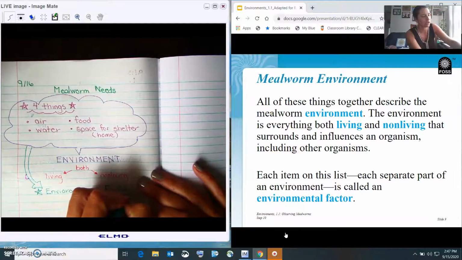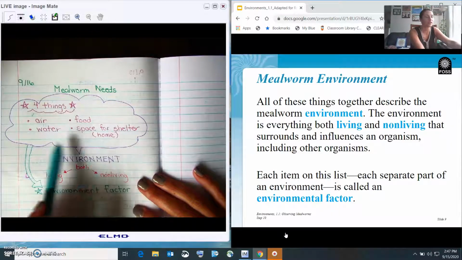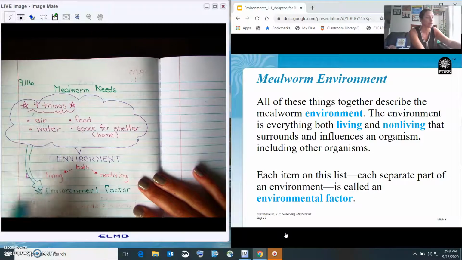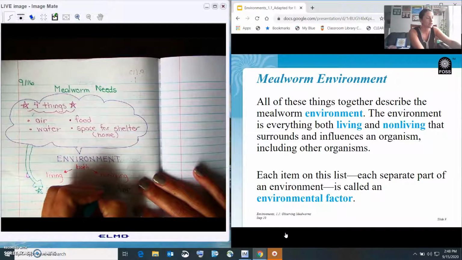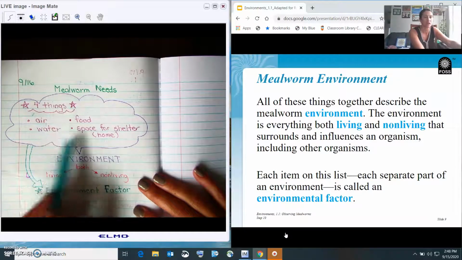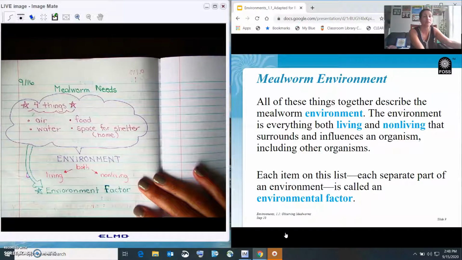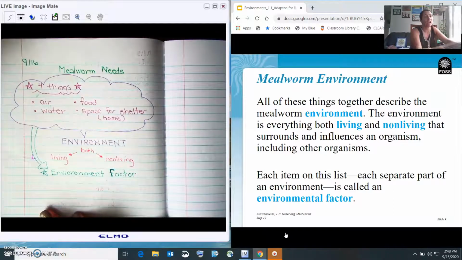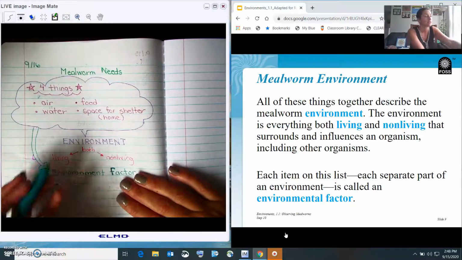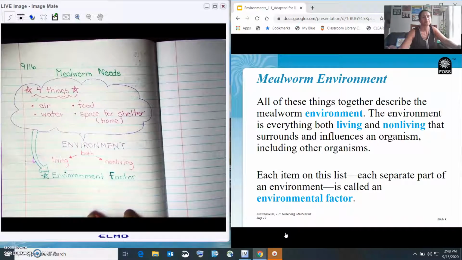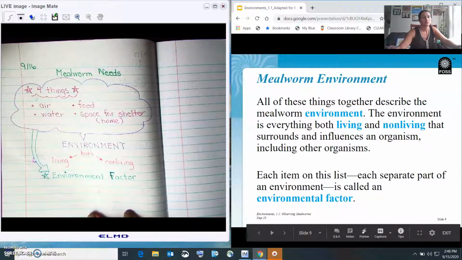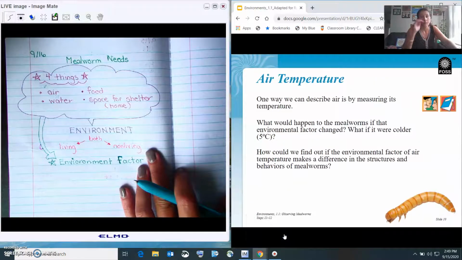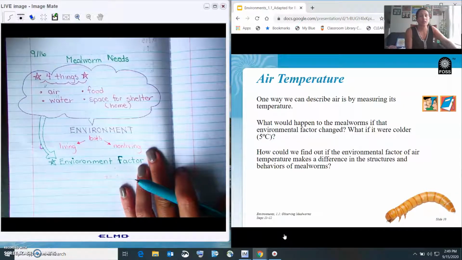That means if we change any of those four things, that's going to change their environment. So if we change any of those four things, it's going to change that organism's environment. We are going to watch as we change some of the factors in the environment to see what happens to the mealworms. Tomorrow we're going to look at changing the air temperature.